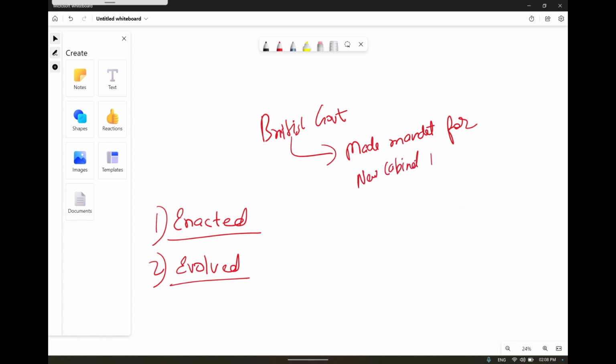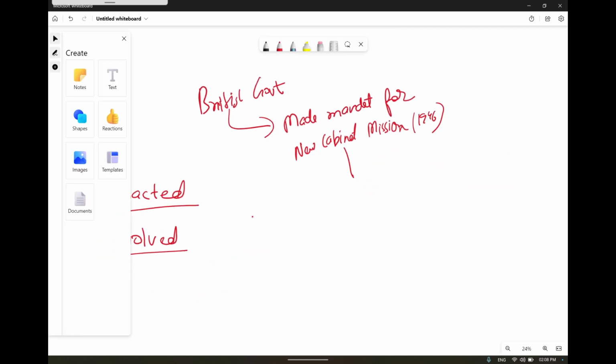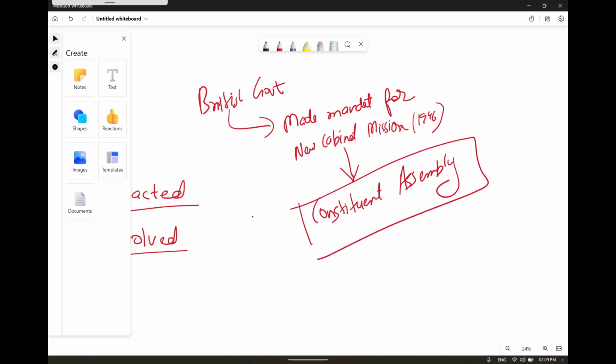The cabinet mission, which happened in 1946, was responsible for the making of our constitution. This new cabinet mission provided the way that formed our constituent assembly, which was responsible for the task of enacting the constitution. So one constituent assembly was formed, and it is one body.